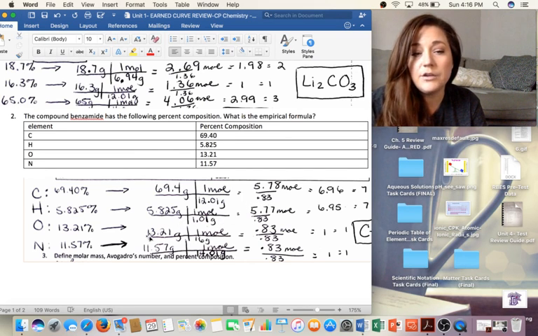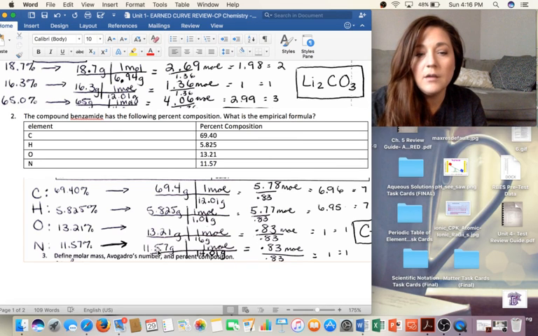When you take your 13.21 divided by 16, you get a 0.83. When you take 11.57 divided by 14.01, you get also a 0.83, which is convenient.